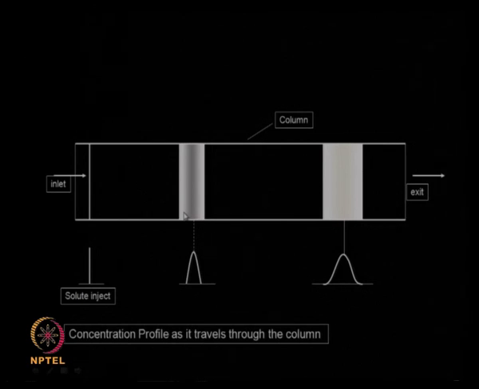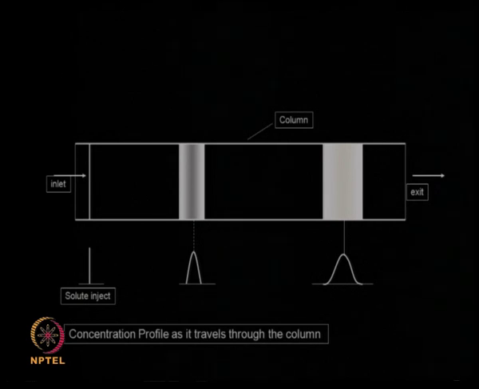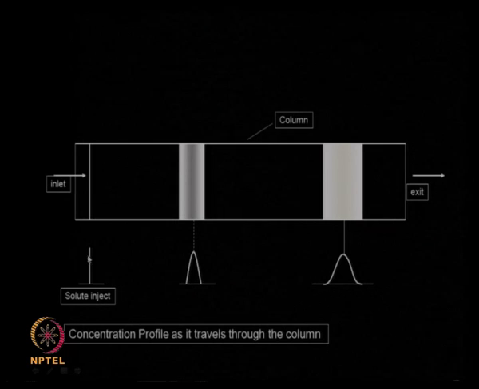So there is some sort of adsorption, desorption or partition that takes place. So the concentration of the solute that is moving is going to spread. It may be a very sharp injection at the beginning, it slowly spreads, and as it leaves the column it is going to spread out like a Gaussian peak.